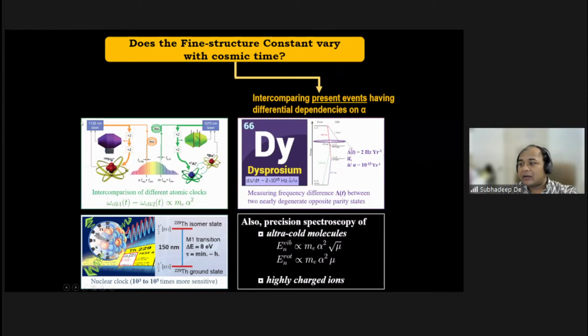Whereas the atomic clock, optical clock comparison has already reached a very sensitive level. This has been happening over the last decade, and every year people are making more and more sensitive clocks, so they are reaching a different level of sensitivity or upper bounds every year.